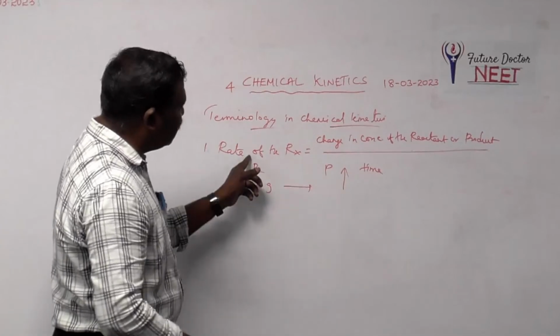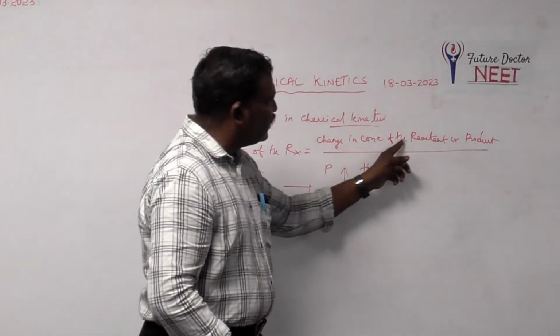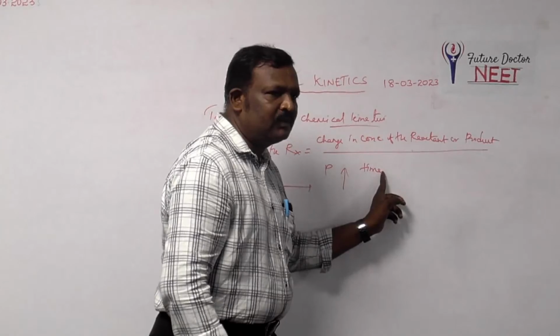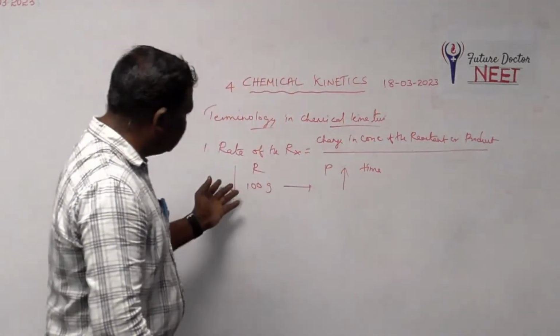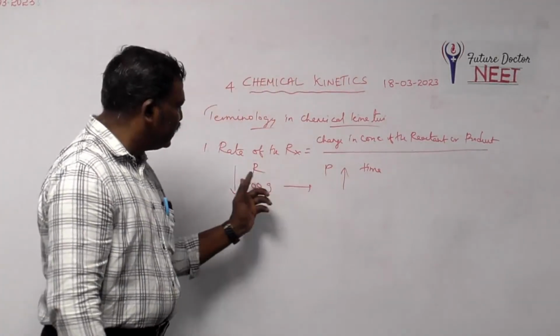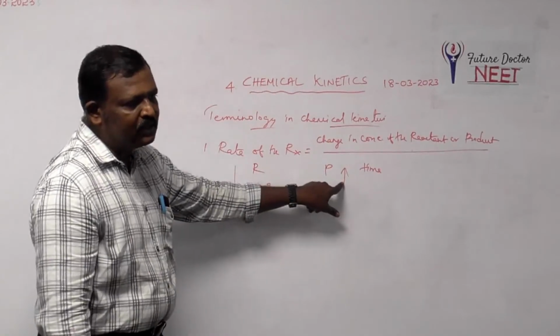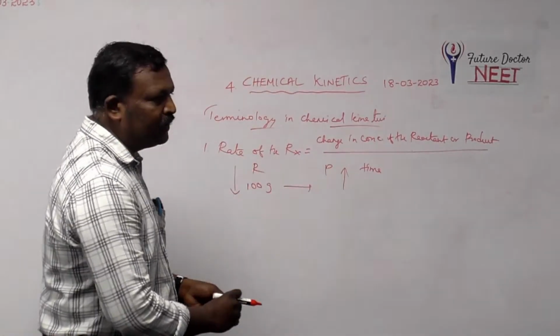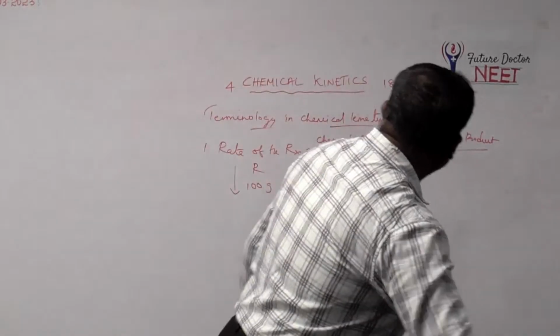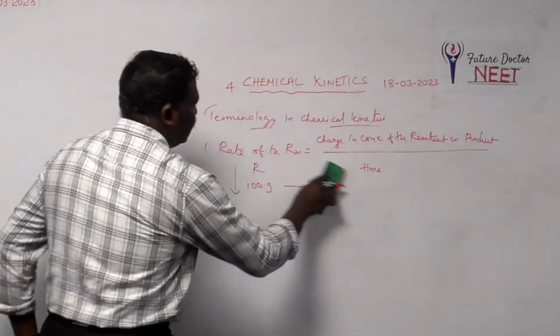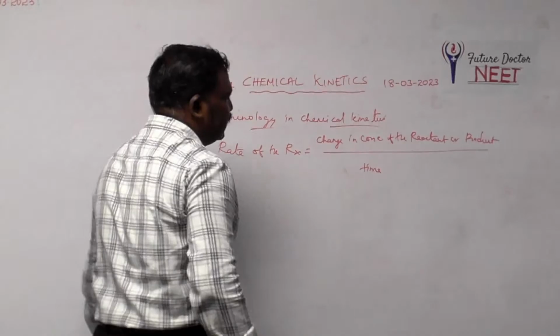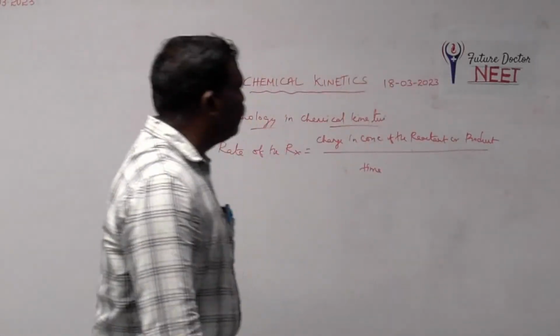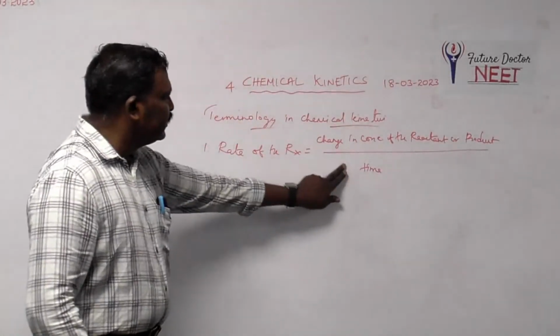When the time increases, some changes take place on the reactant side as well as the product side. That's called the rate of reaction. Are you following? Okay. So the definition is: change in concentration of the reactant or product with respect to time. That's called the rate of reaction.